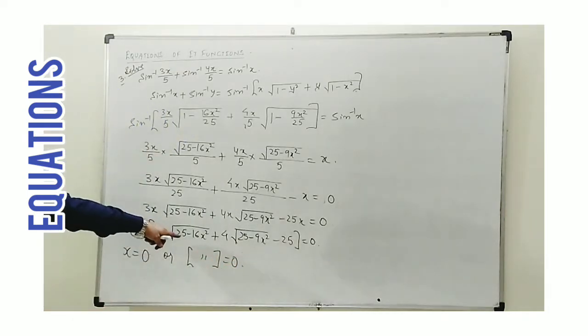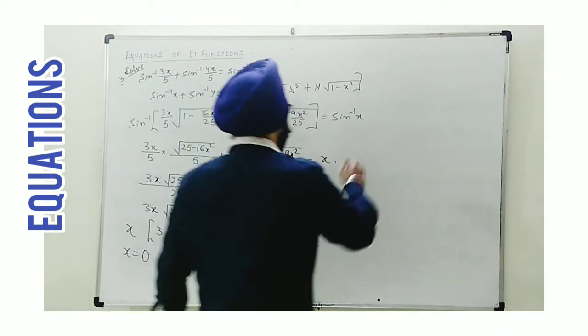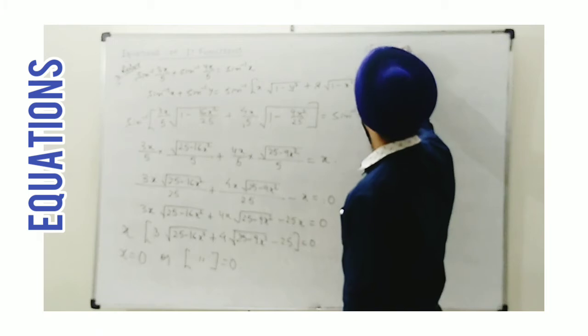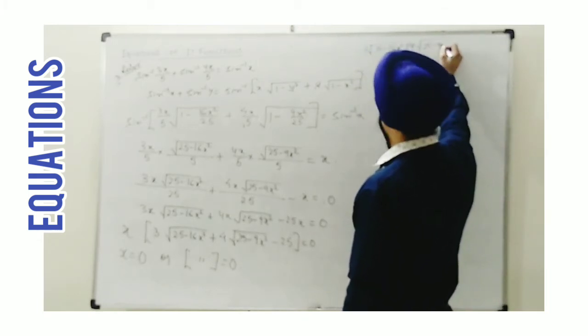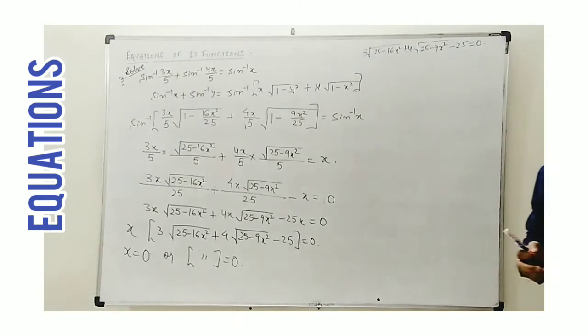Now we need to simplify this bracket as an equation. We have obtained one solution here, x equal to 0. We go ahead with this equation: thrice root 25 minus 16x square plus 4 times root 25 minus 9x square minus 25 equal to 0.